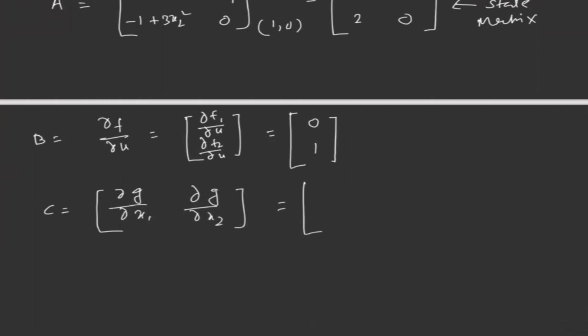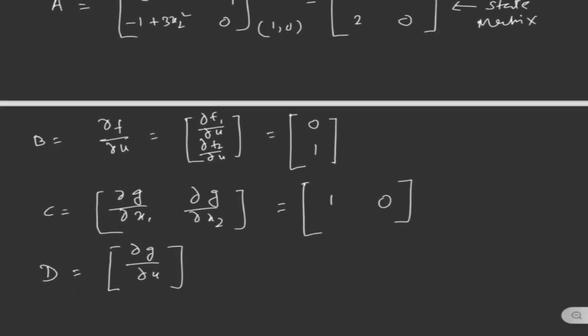This yields 1, 0, because z is a function of x1 only, so this is my C matrix. And the D matrix we can form with ∂z/∂u. Since z is the only function, with respect to u it will be 0.